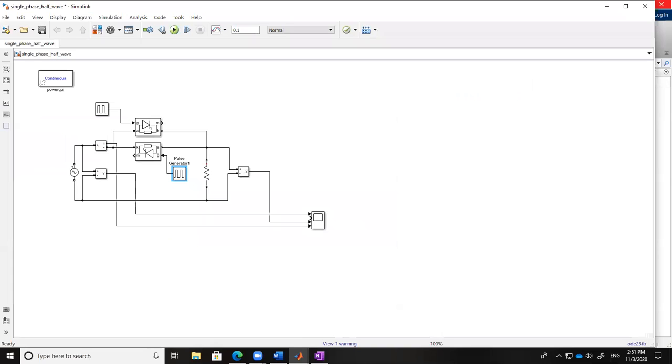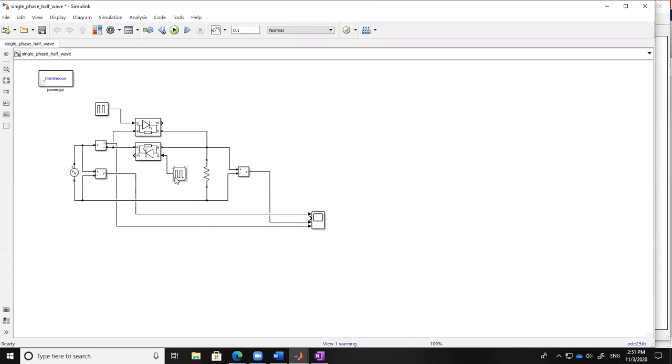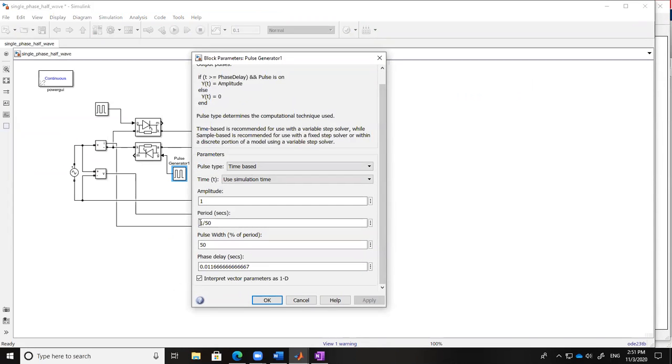Okay. So now I have changed the pulse generator delay, while other properties are the same. The only thing is that the phase delay is 0.011667.